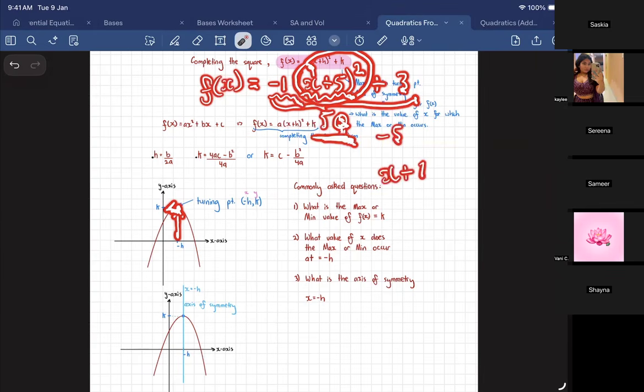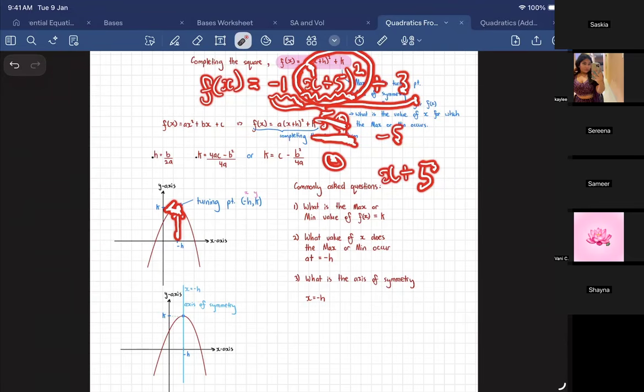If x is negative 5, what is negative 5 plus 5? 0. Right. So inside the bracket now you get 0, and when multiplied by anything, it will just be 0. And we end up with 0 plus 3, which is 3. Exactly. That's going to give you the maximum value.